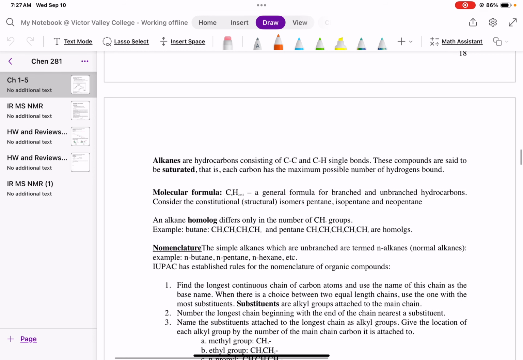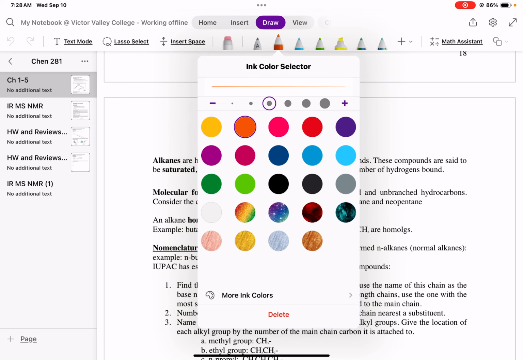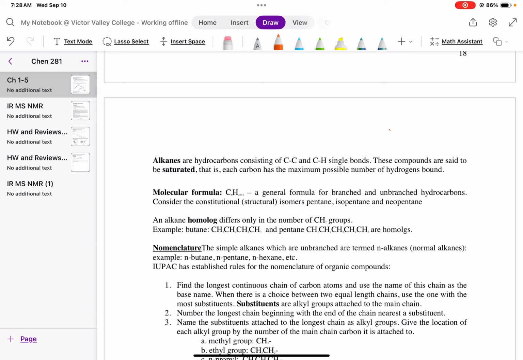Formula, I know it's kind of small, but the formula here is for an alkane that's not cyclic.